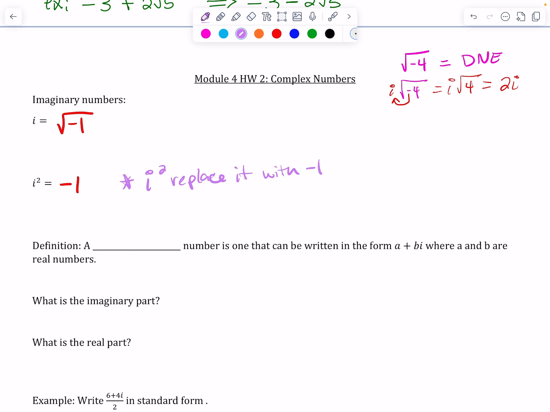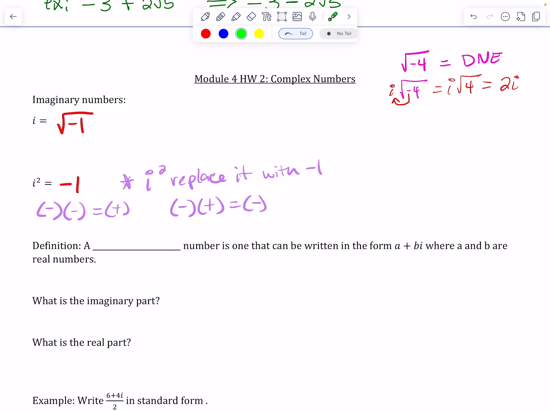And the reason why this doesn't work with real numbers is a negative times a negative gives us a positive, and a negative times a positive gives us a negative. So we learned about this in past sections that you can never multiply a negative and a positive to get a positive.